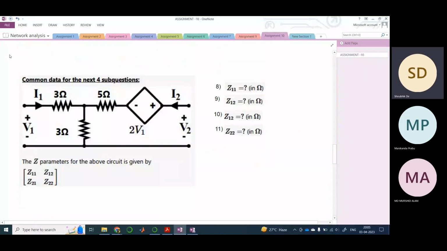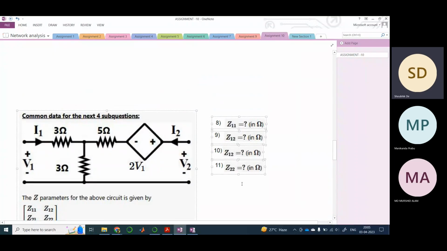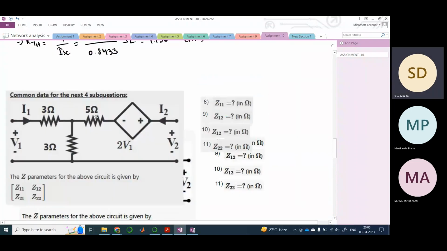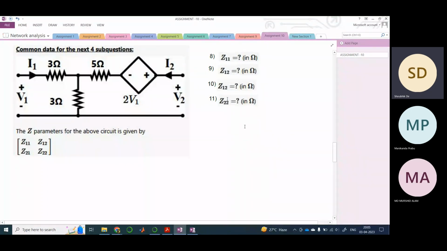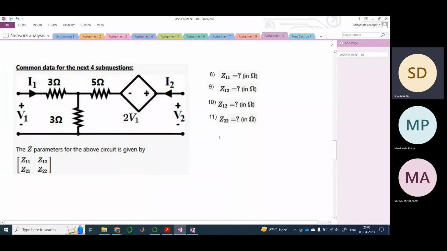So now let us go to the next problem. Here again we need to find out what are these parameters. So we will try to do this quickly. This problem is very easy, you will see, because we have solved good problems previously.